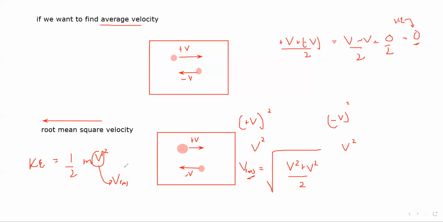Why are we not substituting the average velocity? Because average velocity might be zero. The possibility is there. That's why we take the root mean square speed. The root mean square speed cannot be zero if the particles are moving. It can be zero only if the particles are not moving. Is it clear?